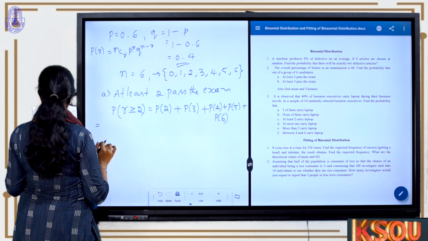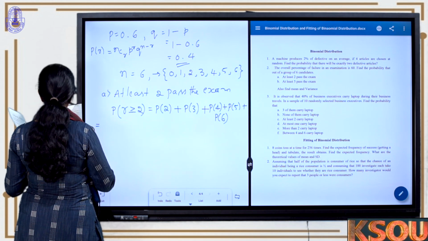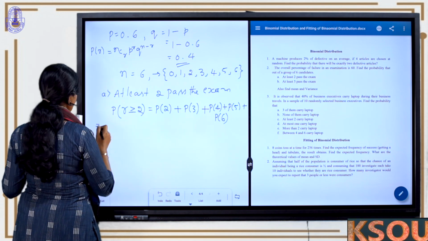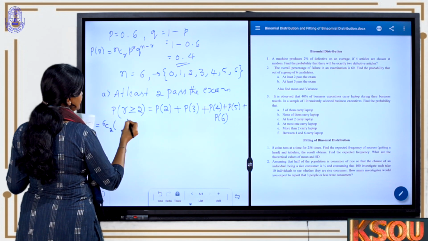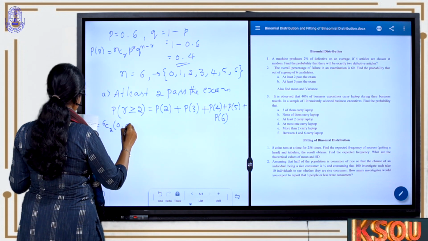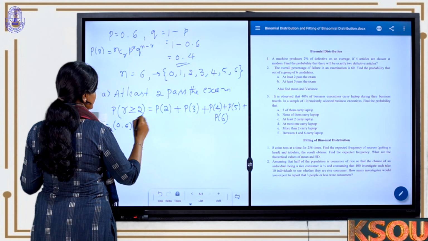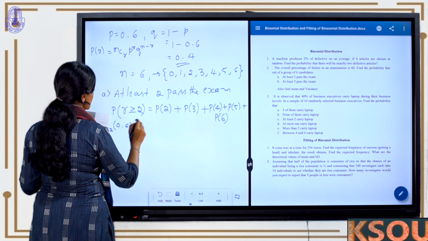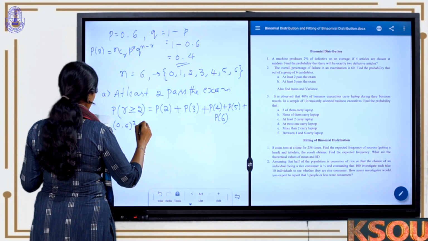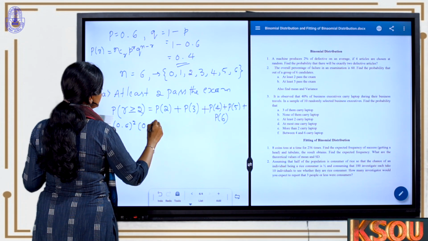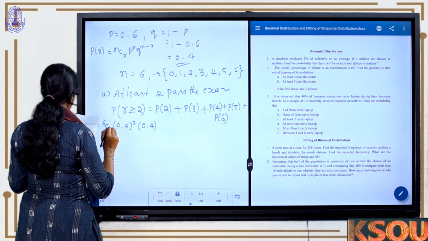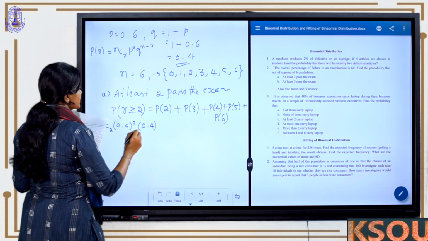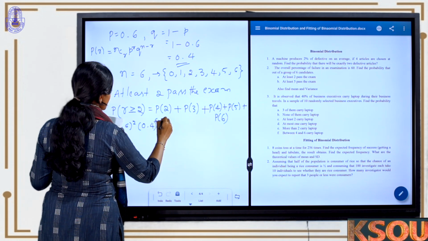Now you can take P of 2. How you are going to take that value here is 6C2, so the P value is 0.6 to the power of R, for R is 2, into 0.4 to the power of N minus R. N here is 6, then 6 minus 2.